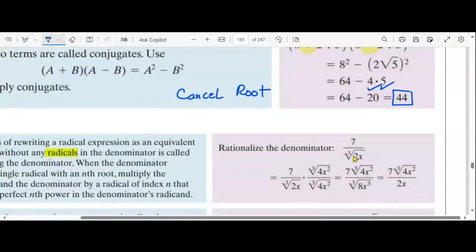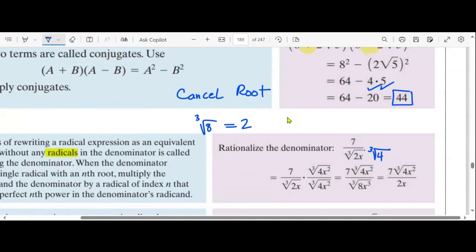Let's take another one here. Take a look at this. We have 2x under the cube root. How can I take 2 outside? For the cube root, you need 8, correct? So if you take it outside, it becomes 2. So I need here 4, right? Because 2 times 4 is 8, correct?